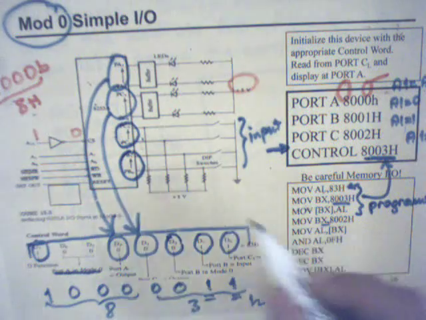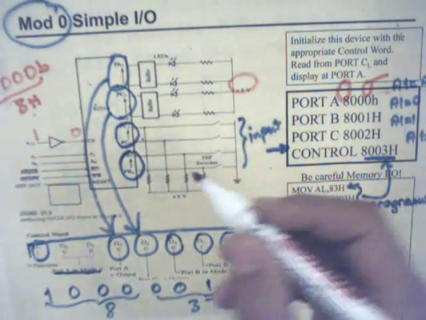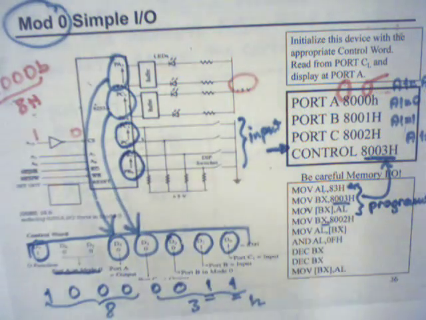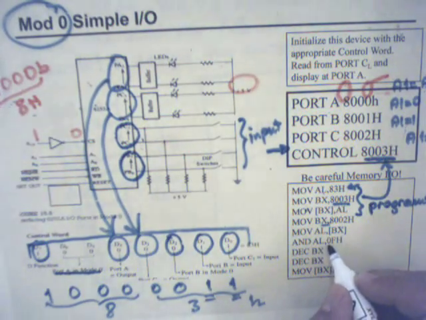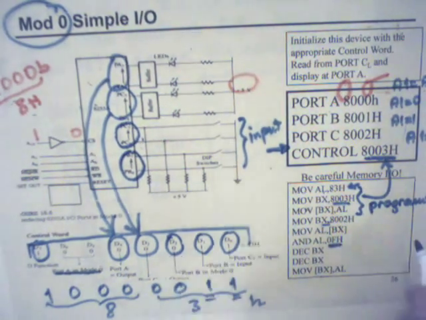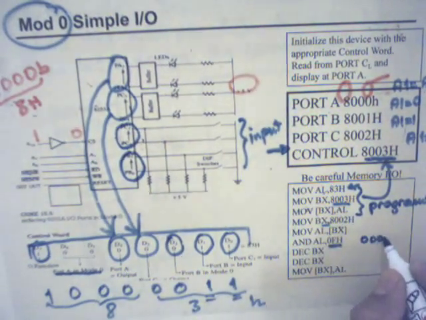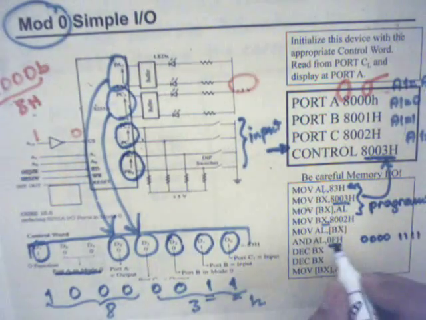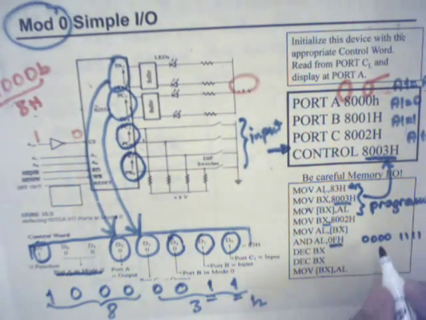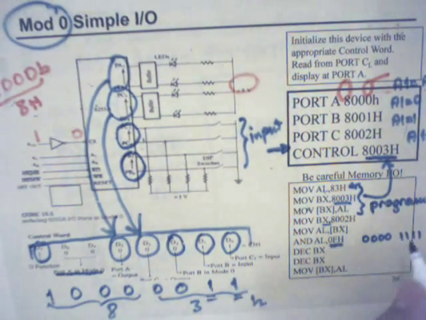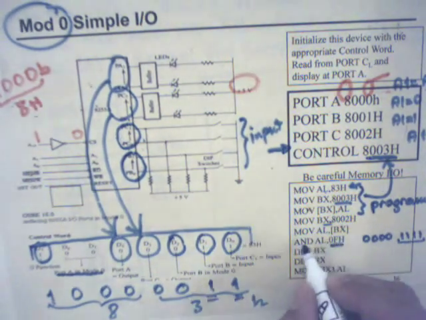Look, at this address, port C has 8 bits. Only 4 bits are useful for us. These 4 bits are the lower nibble. So we mask the higher nibble by AND operation. We mask because the AND operation makes the higher 4 bits 0 and the lower nibble information is transferred to AL.